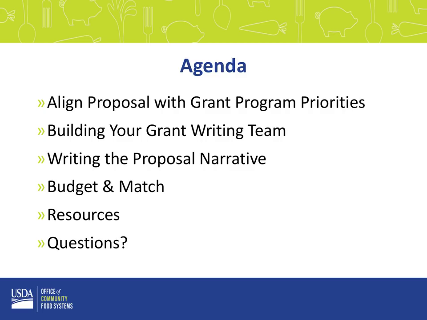Once you've decided which of the 3 grant track types you are applying to and taking a look at that proposal narrative, we're going to give you some tips and tricks and highlight some common missteps we've seen in the past so that you don't make them as well. We'll talk a little bit about your budget narrative and the match requirement just to make sure that folks understand that piece of the proposal. And then we'll go through some resources that you all can use as you're preparing to put together your grant application. And then of course we'll have some time for Q&A.